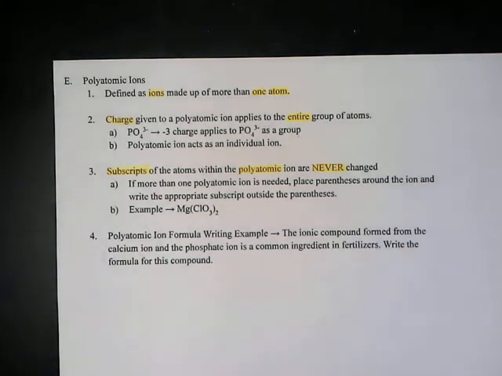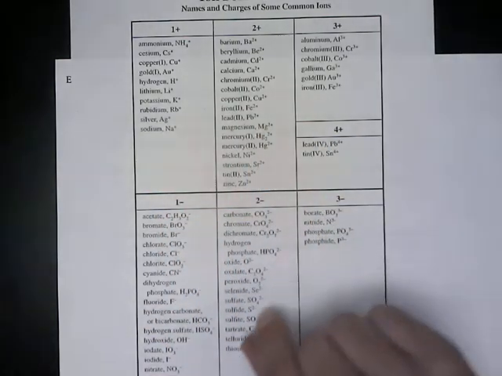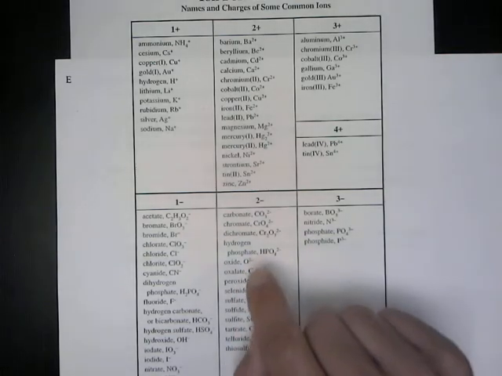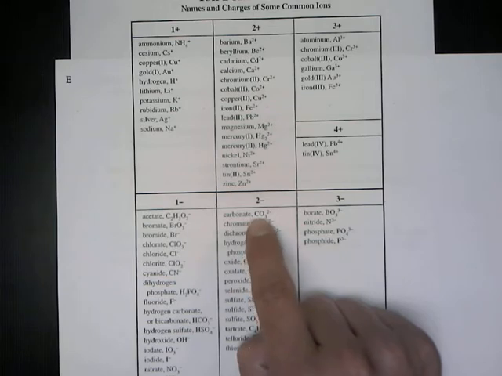Now, what's really nice here is I provide two charts that you can utilize on any assignment or exam, and they have both the name and the formula of our particular polyatomic ions. The first chart here breaks the ions down by charge, and for a polyatomic ion here, if we check out the 2-, carbonate has the formula CO3, and it has a 2- charge.